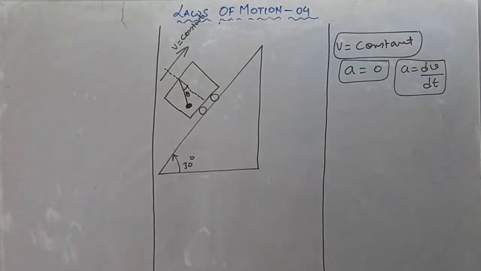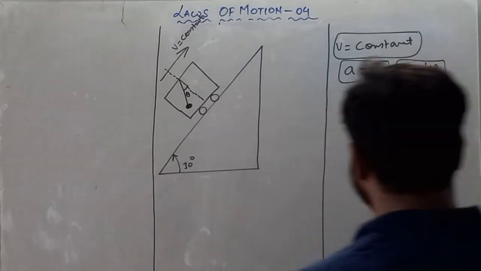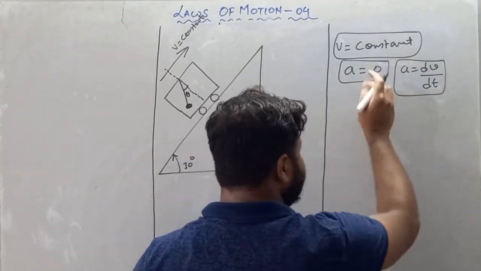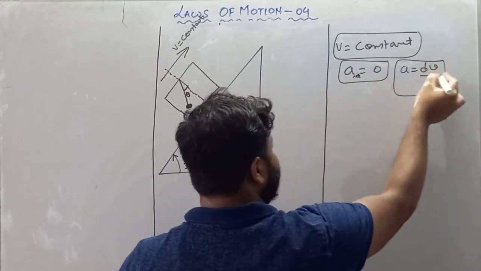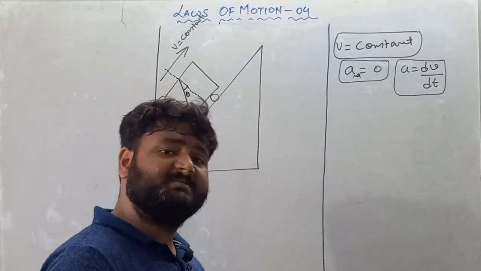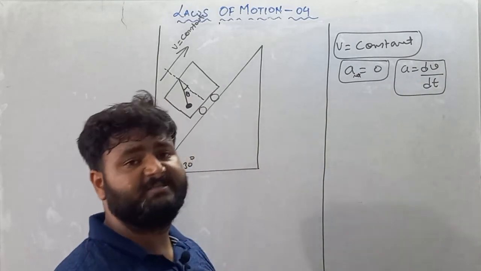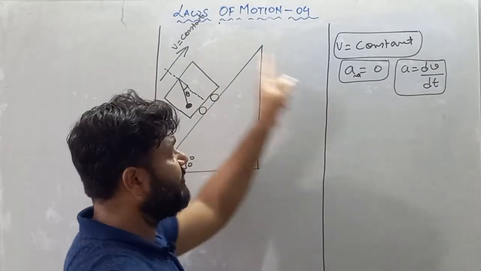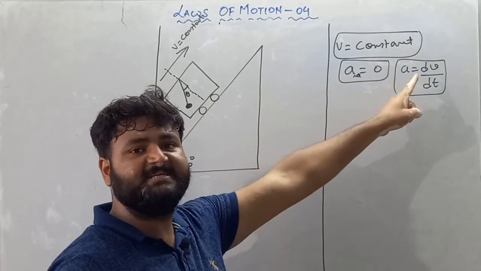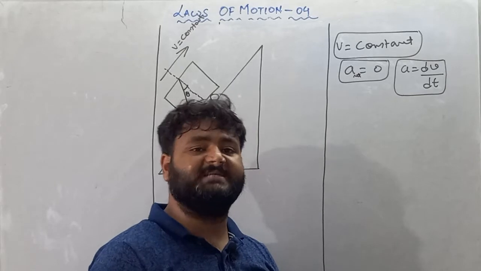And if the object is moving with constant velocity, it implies no acceleration is acting on particle. Here velocity is constant, means velocity is not changing with respect to time. So we'll say net acceleration is equal to 0.